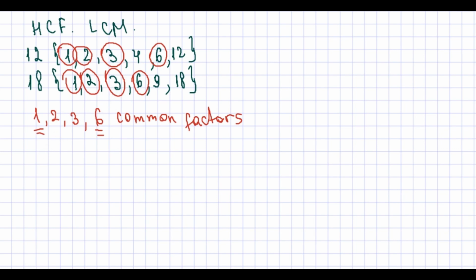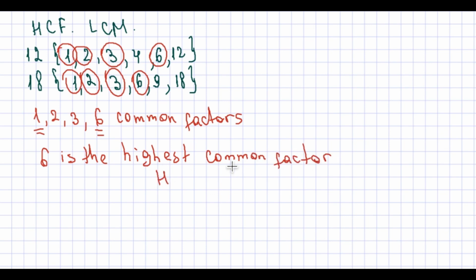So 6 is the highest common factor, HCF. And sometimes instead of highest, we can use greatest. That will be GCF.